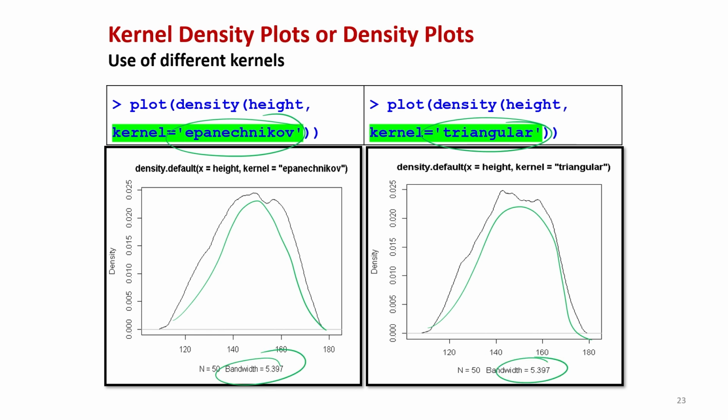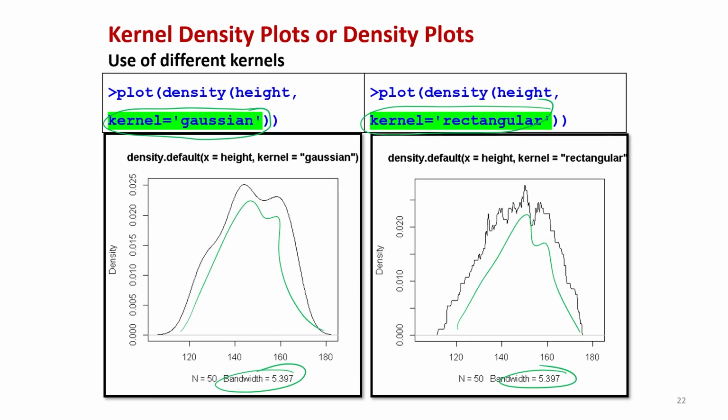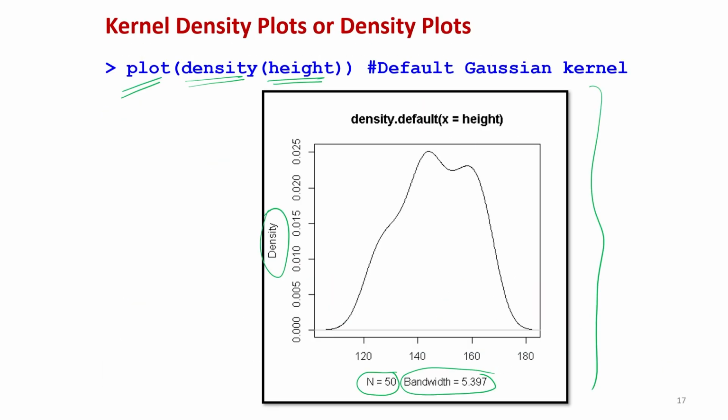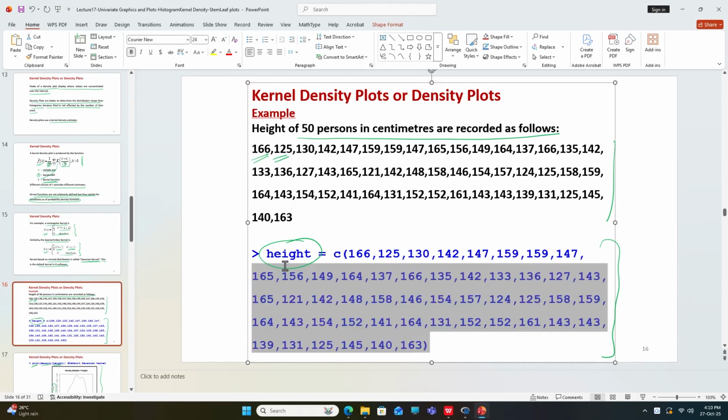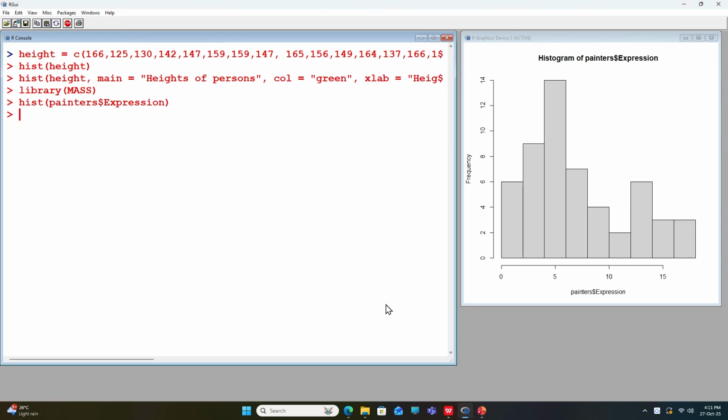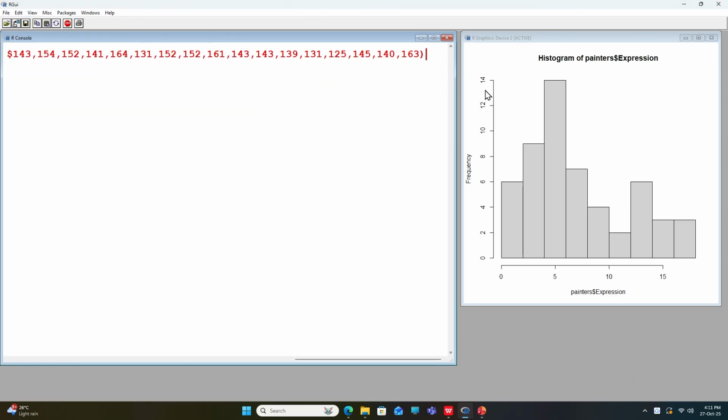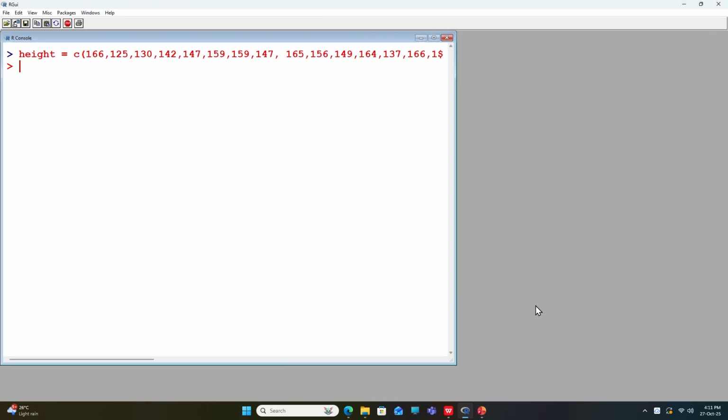So, this is the kernel density plot actually, and let me show you this kernel density plot in the R software so that you can understand it. So, this is my data on height.